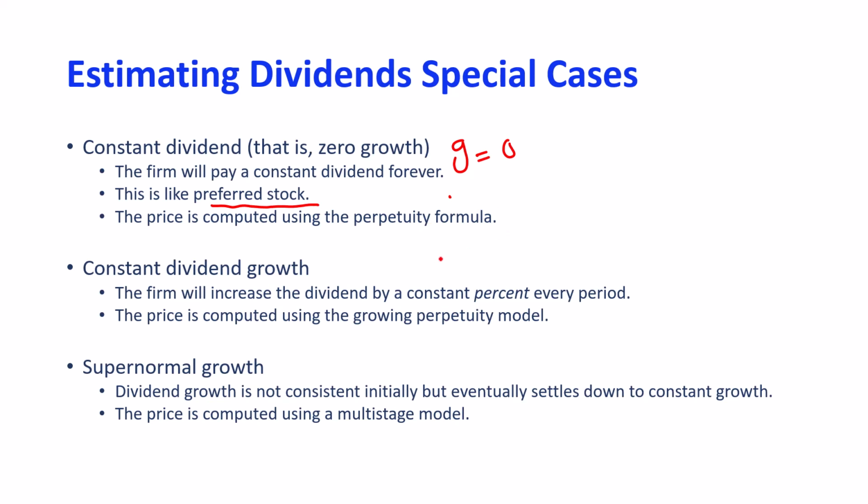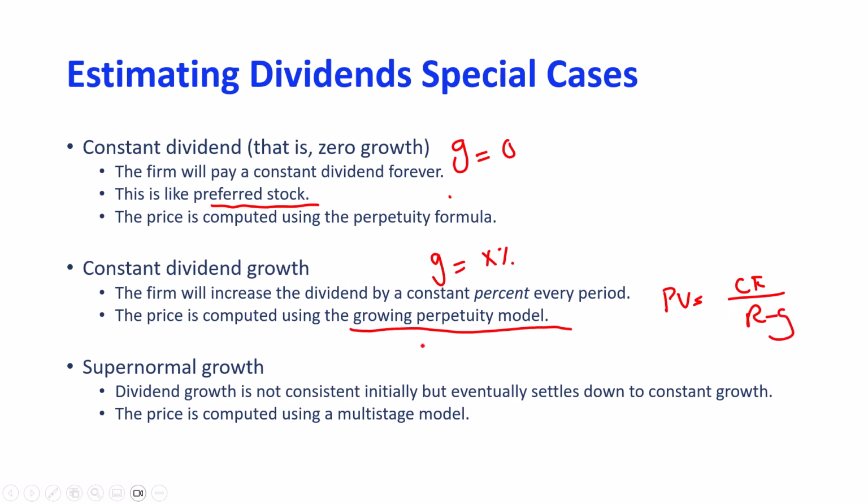The other one is, let's say the dividends are growing at a constant rate forever. The firm will increase the dividend by a constant percent every period forever. For this one, we're going to use the growing perpetuity model. If you remember, the growing perpetuity formula was like this.